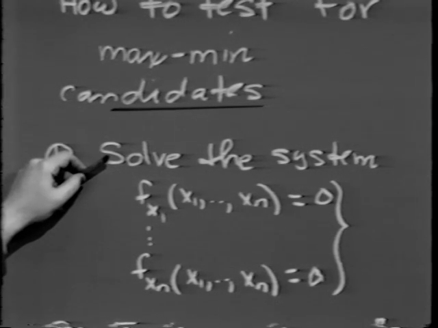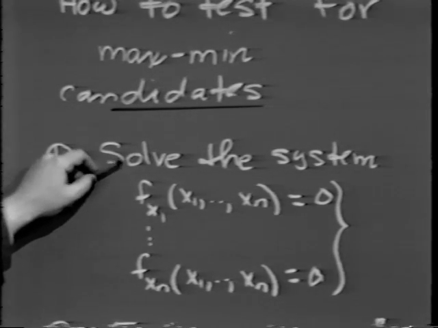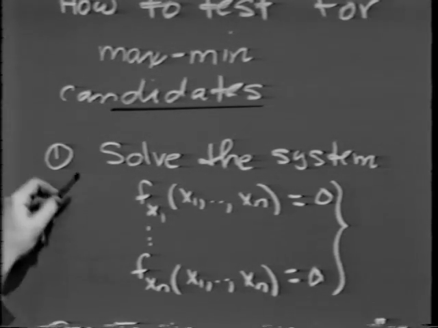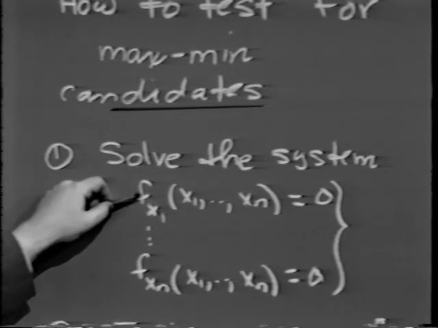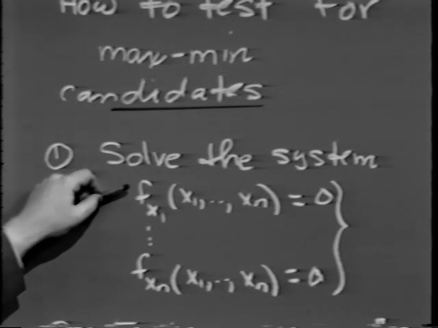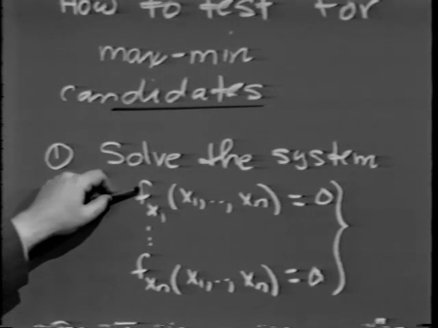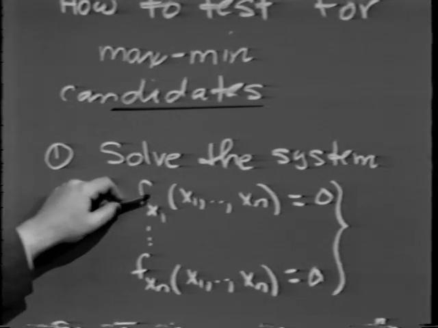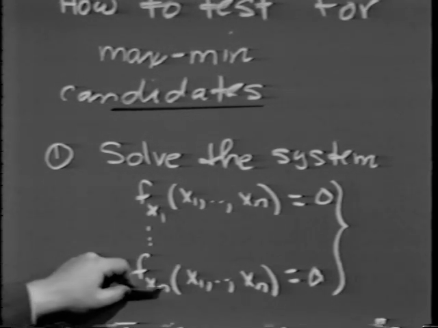If you take a cross-section with respect to any one of the independent variables, in other words, if you look at f as a function just of x1, say, and hold x2 up to xn constant, then when w is viewed as a function of x1 alone, one would expect that just in the w x1 plane, you must have a candidate, which means that the partial of f with respect to x1 must be 0. Similarly, the partial of f with respect to x2 must be 0, etc. The partial of f with respect to x sub n must be 0.